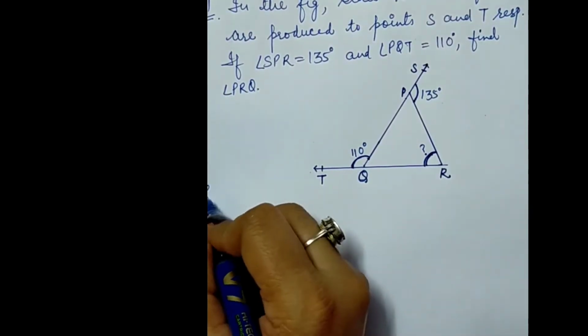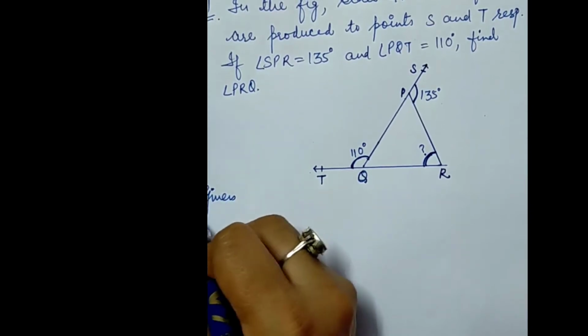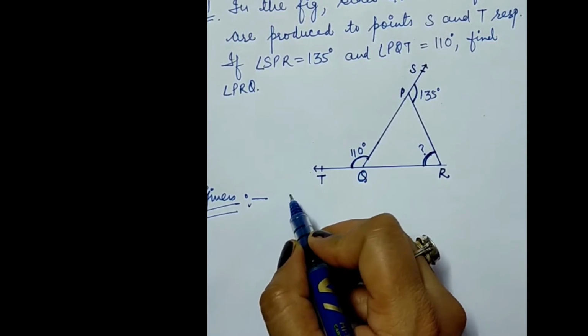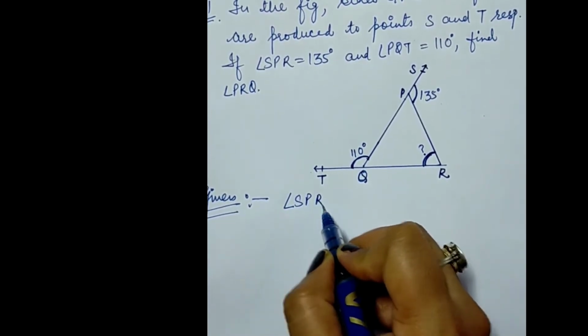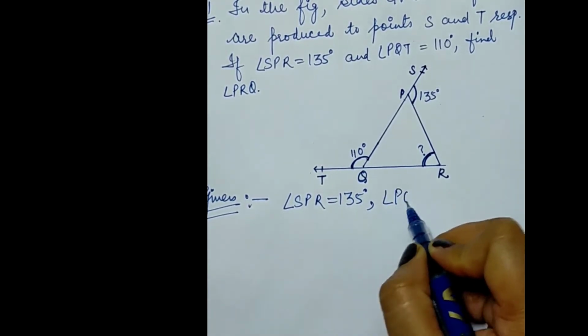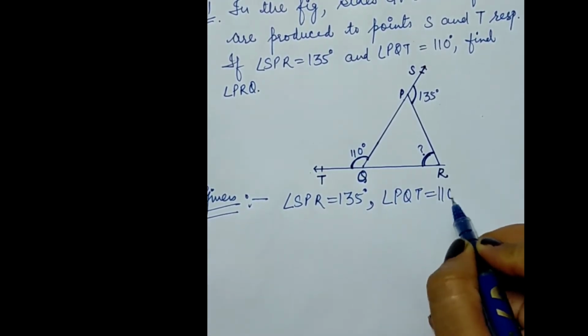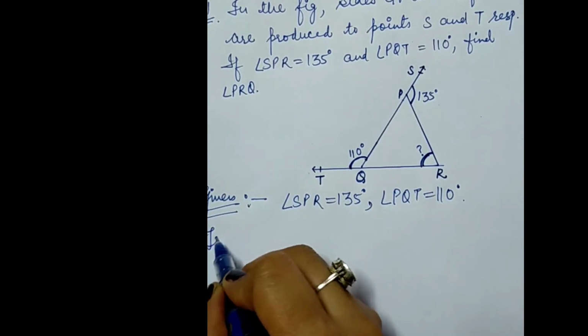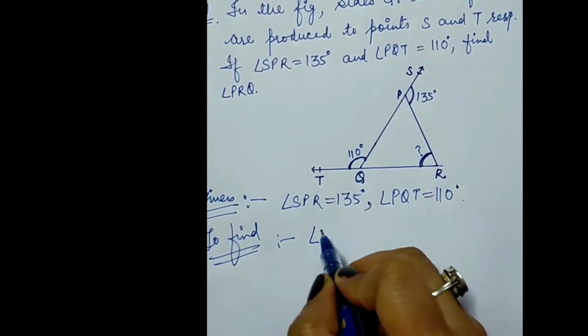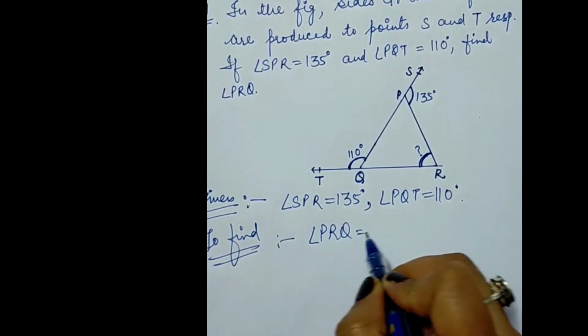So first of all, whatever is being given, we are going to mention those things. Angle SPR is given to be 135. Angle PQT is given to be 110. And what we want to find out? This is PRQ we want to find out.